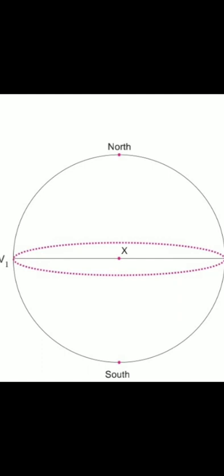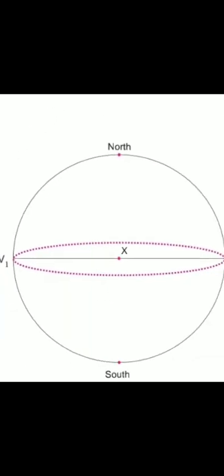The degrees of parallels are measured from the equator. That's why the equator is considered the 0 degree parallel, from both sides. It's considered the 0 degree parallel.